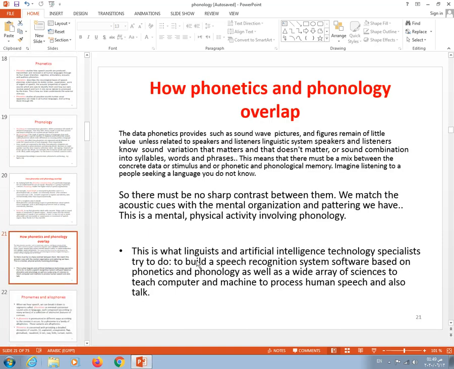The data phonetics provides, such as sound waves and pictures, will remain of little value until we relate them to speakers' and listeners' linguistic system. Speakers know sound variation that matters and sound variation that does not matter.